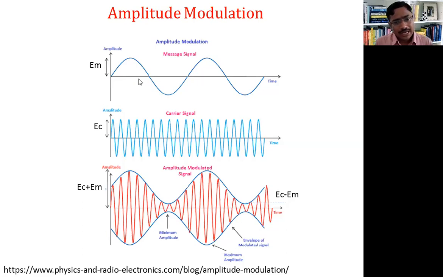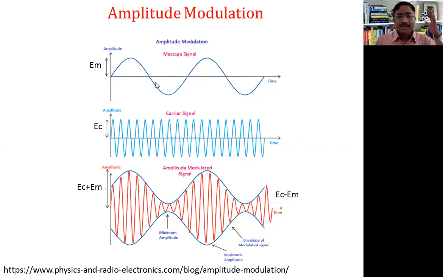Now when both are positive, when we have a positive amplitude, EC plus EM occurs, and we get an increase in the amplitude. And when EM becomes negative, we have EC minus EM. So during the positive half cycle, the amplitude is positive, and we will have EC plus EM, the addition of the amplitudes. Here the carrier's amplitude EC gets the amplitude of EM added, and the wave goes up to this point. Now what happens here? Here we have a negative amplitude, EM is negative here.